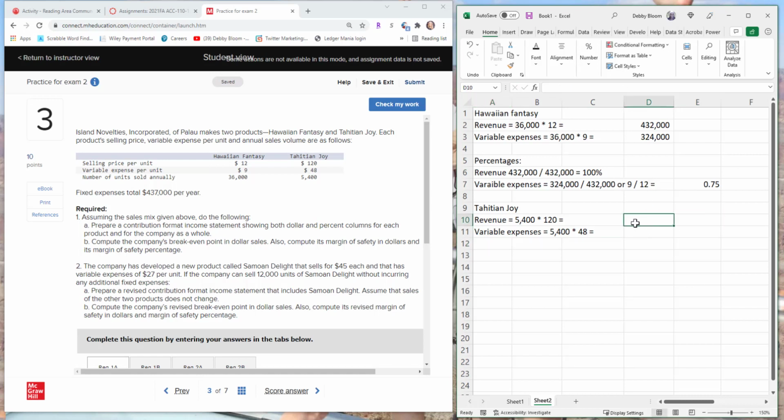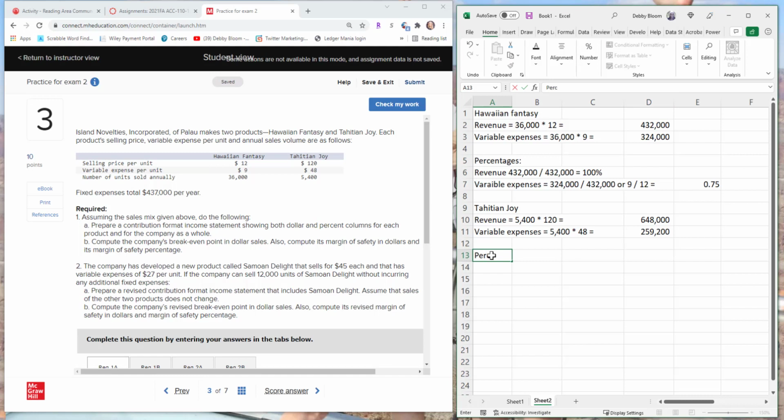So if I take 5,400 and multiply it by 120, I'm going to get revenue of 648,000. If I take 5,400 and multiply it by 48, I get my variable expenses of 259,200.